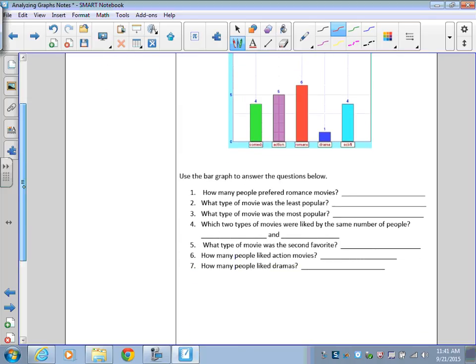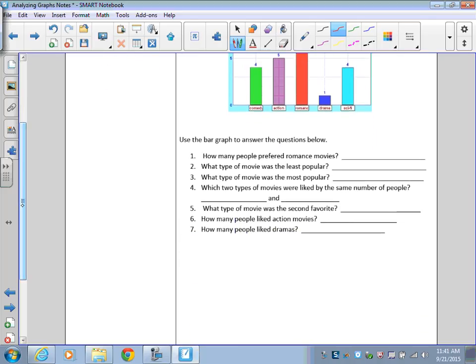Now, let's answer our questions. How many people preferred romance movies? The answer is going to be 6. You're looking at the red bar and it goes up to 6. What type of movie was the least popular? That's drama. You're looking at the blue bar, and because the blue bar is the smallest, that means it's the least popular.